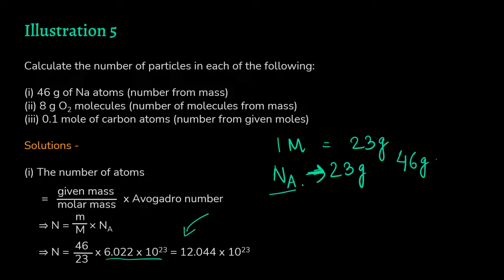But we have to calculate with respect to 46 gram, not 23 grams. So we will divide 46 by 23, and then multiply this whole result by the Avogadro constant.